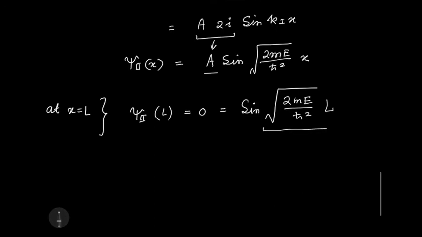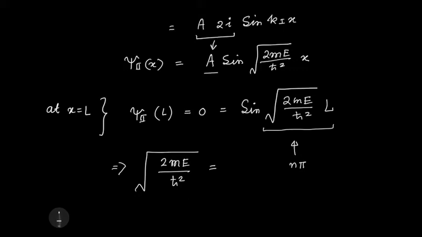And sine of something is 0 means that something has to be n pi. So this implies that the square root of 2mE by h cross square has to be n pi.